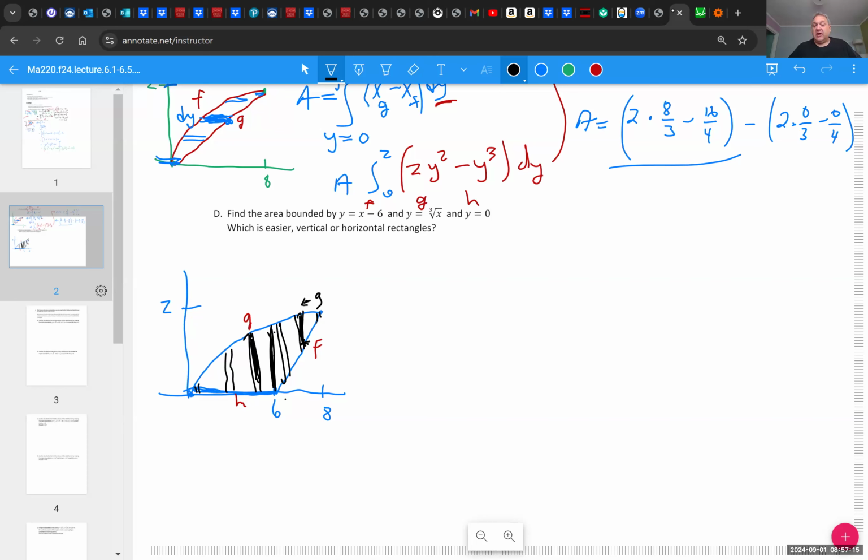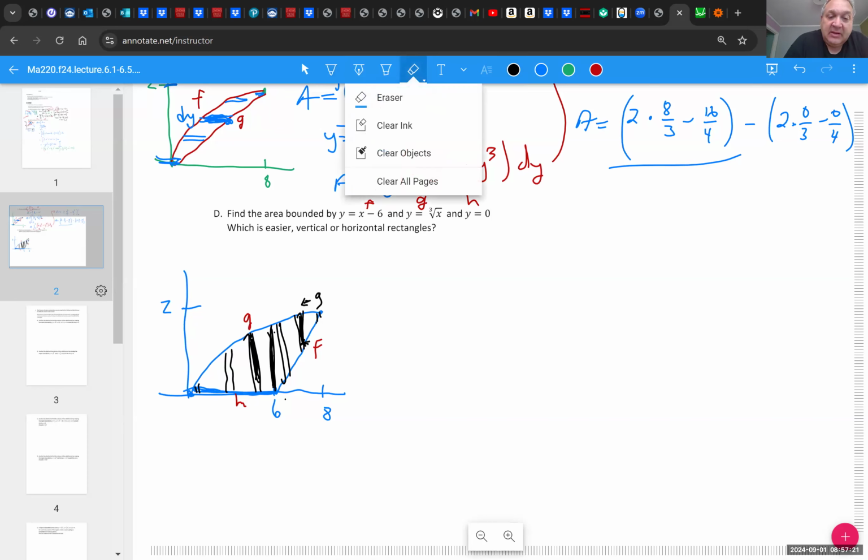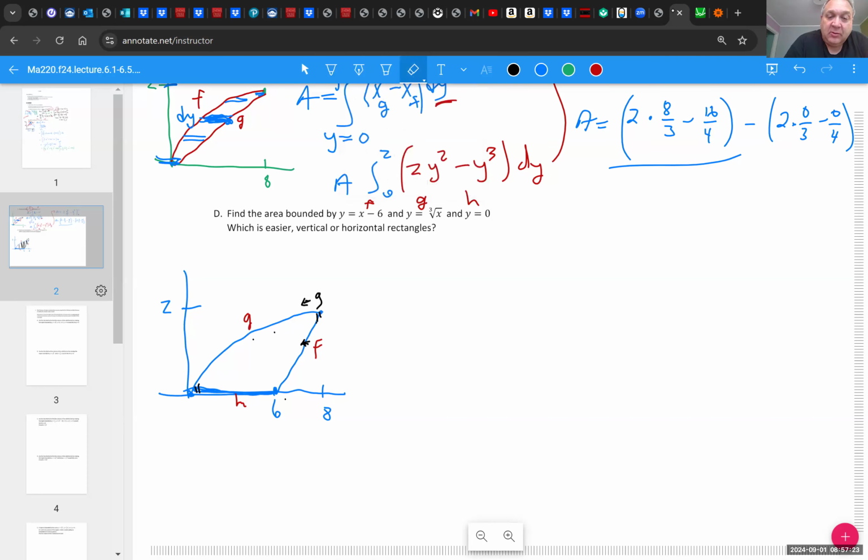But I wanted to show you that a horizontal slice is actually much easier for this problem. So that was the thing I set up for this problem, is that you want to keep your flexibility there and say, I can do horizontal or vertical, whatever I think is easier. So a horizontal slice would be a horizontal rectangle. The width is vertical, so we're talking about dy width. And we need all the possible rectangles.